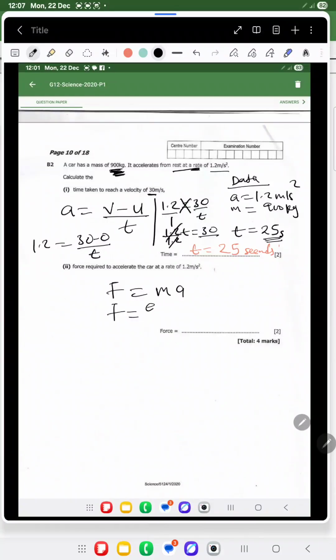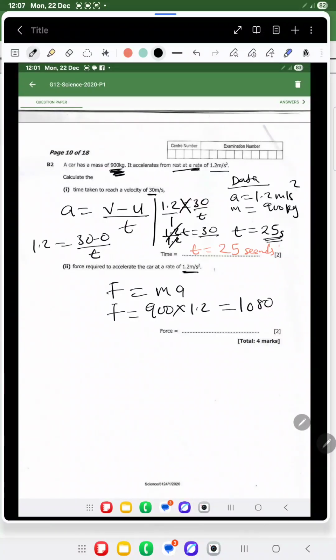So you get that, which is 900, then times acceleration, which is given to be 1.2. So you put 1.2 like that. Then this is going to be 900 times 1.2, and we are going to get 1080. Then you don't forget to put your units.